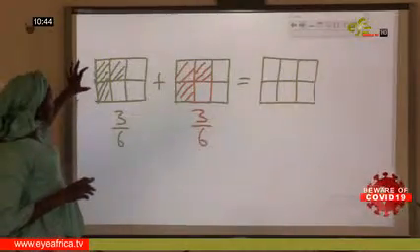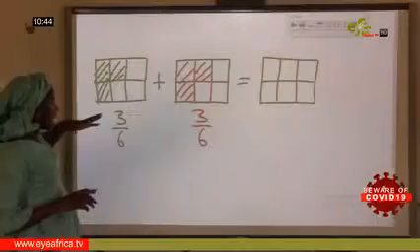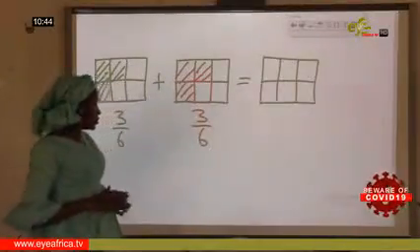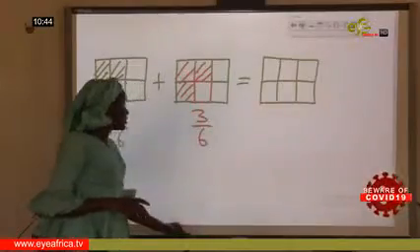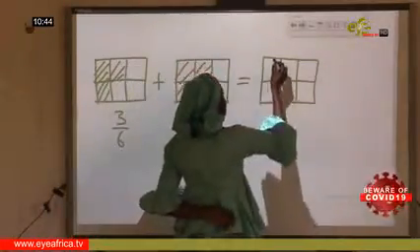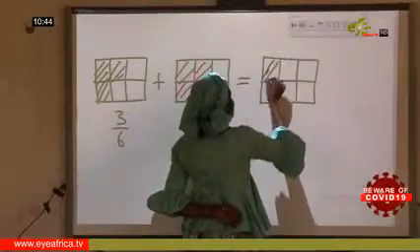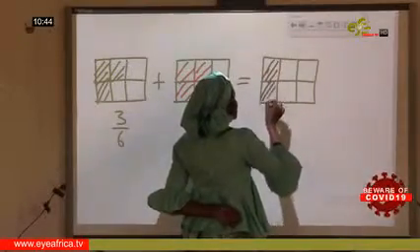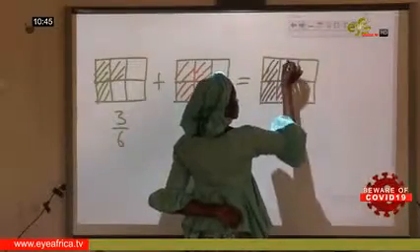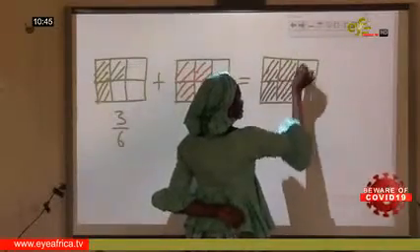The first diagram I said 3 portions, and the second diagram I said 3 portions. So to show that, this is the first 3/6 plus the second 3/6.